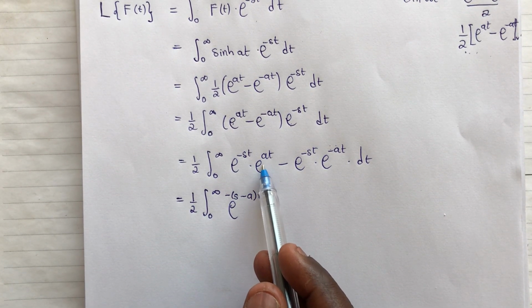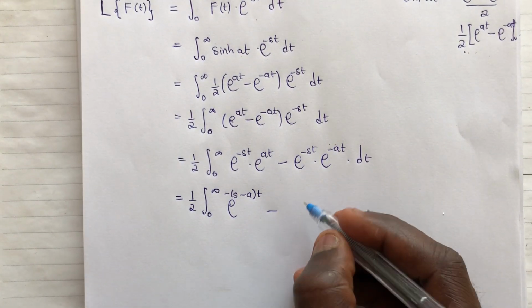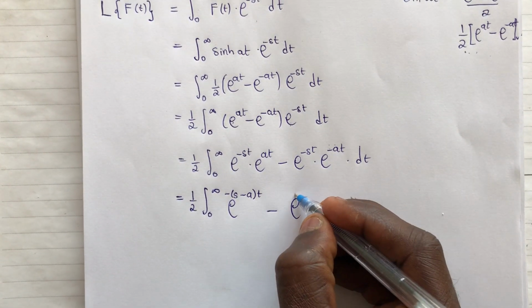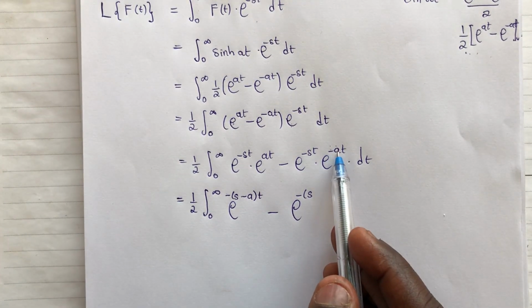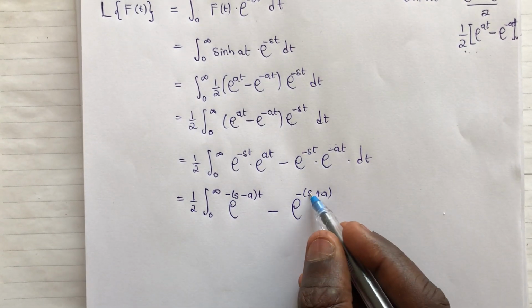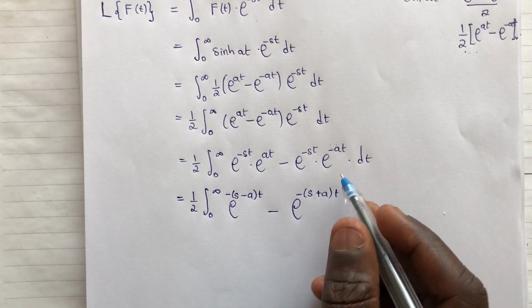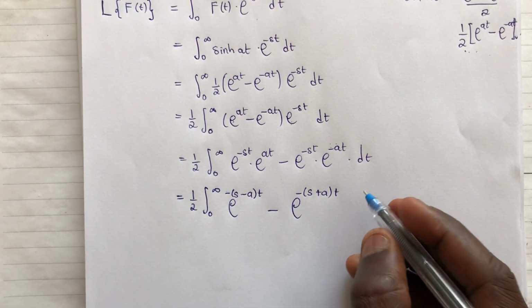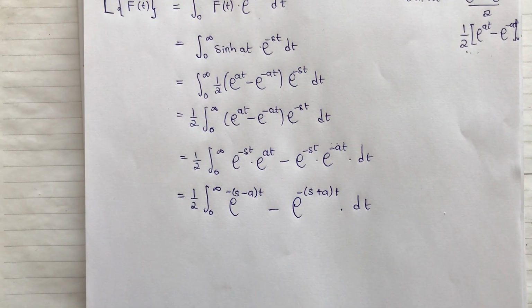Then minus, we do the same process here, e to the minus outside, we have s, but watch this carefully, this is negative a, so I'll have to put plus a here, so that this times this will give us negative st, and this times this will give us negative at. Multiply this result by dt.